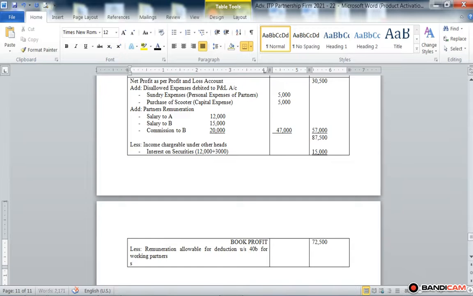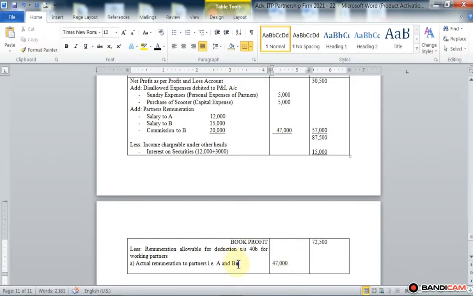So A part, that is actual remuneration to partners, that is A and B. So make a total of remuneration of partners A and B. Here we already computed a total remuneration of two partners, that is 47,000.